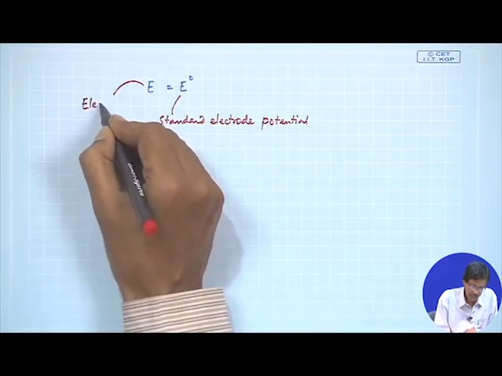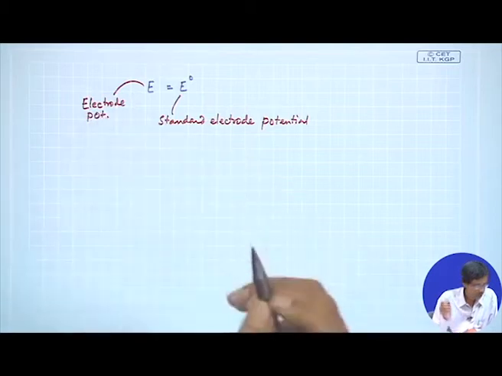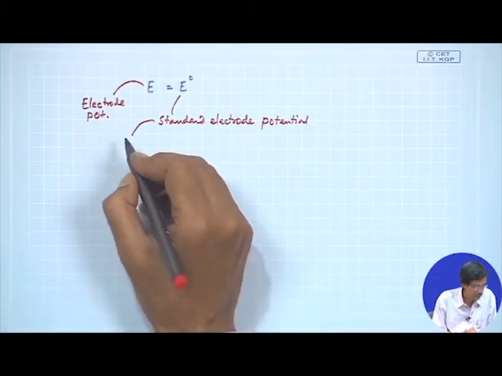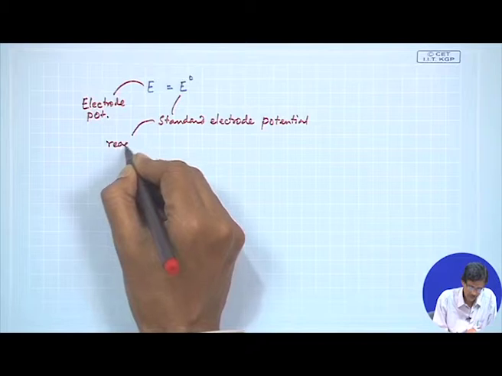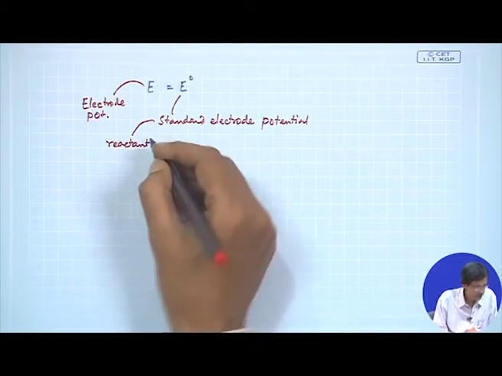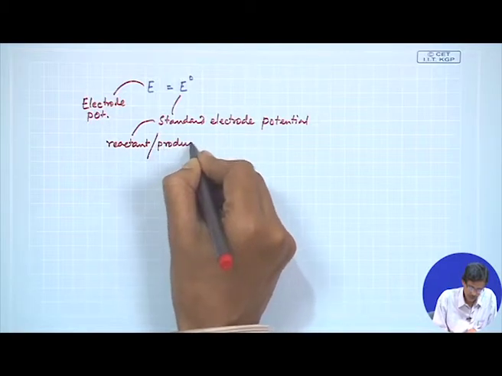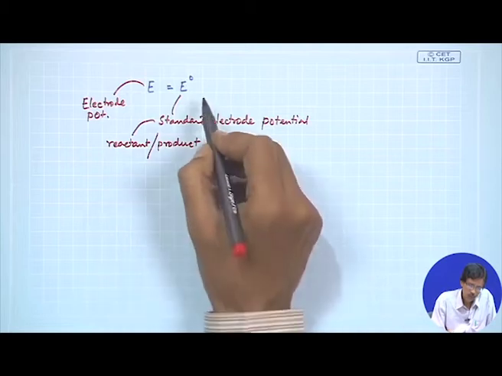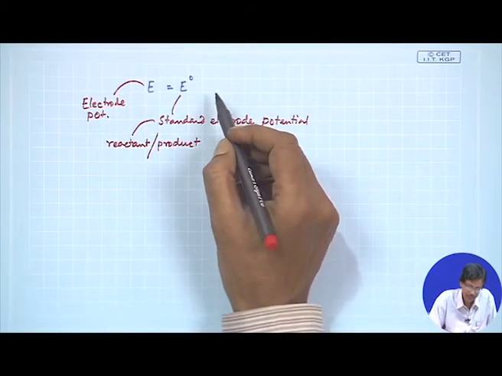This standard electrode potential is basically independent of the number of moles of reactants and products shown in the balanced equation of that particular half cell reaction.